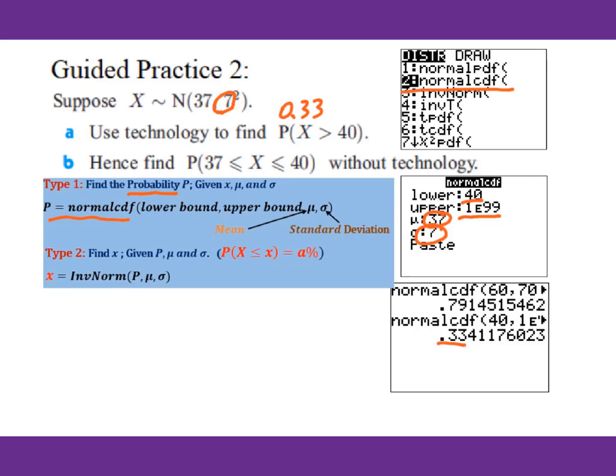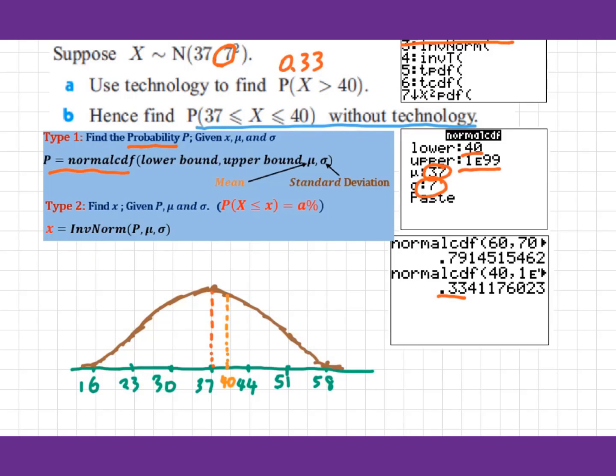For B, find the probability that X is greater than or equal to 37 and less than or equal to 40 without technology. Without technology, you have to sketch that graph first. So I sketched this graph already. I labeled this as your mean plus 3 sigma.